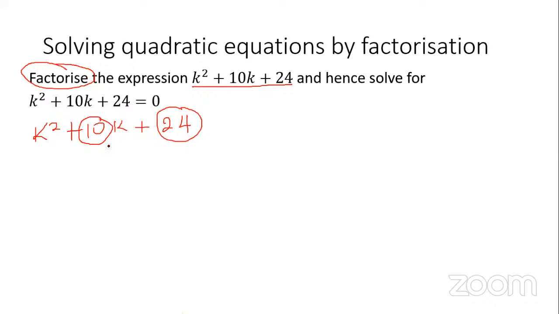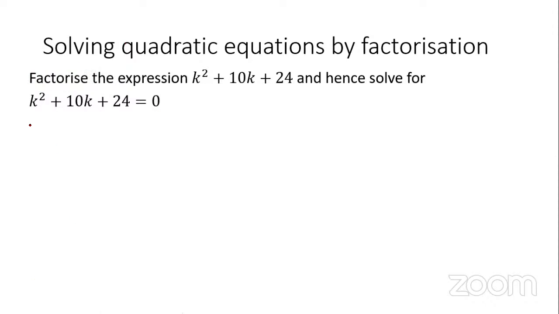So we are going to get two numbers that when those two numbers are added, they give us 10. Their product should be 24.